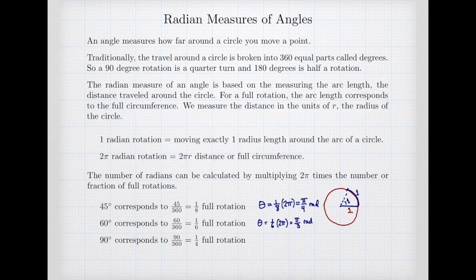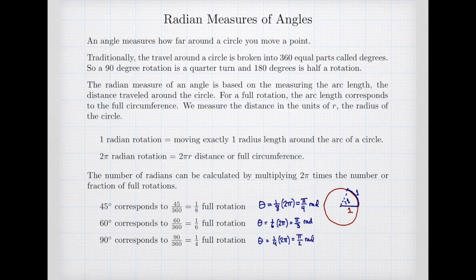Our third example is 90 degrees. A 90-degree rotation is equivalent to 1/4 of a full rotation. And so in radians, my angle is 1/4 of 2 pi, or pi over 2 radians.